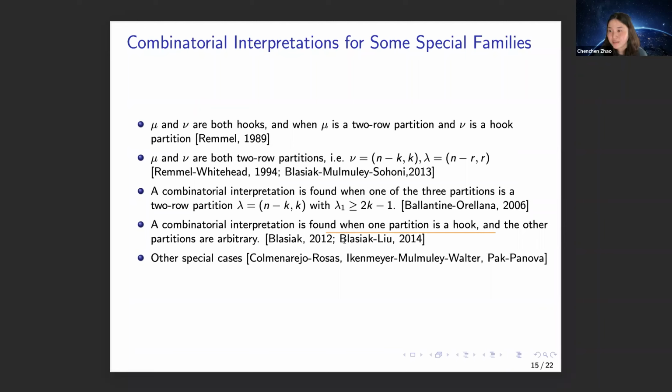But again, this does not generalize. This is just for one hook length. And there are some other special cases computed. For instance, Rosas and coauthors found the reduced Kronecker coefficients. They count the number of partitions.